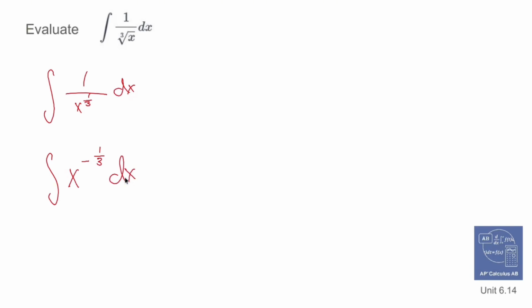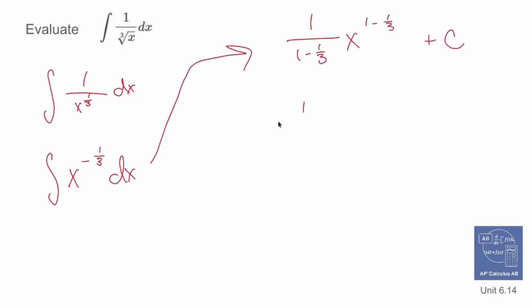Still no big deal. Okay, taking the integral of that is going to have me saying 1 over 1 minus 1/3, x to the 1 minus 1/3. This is indefinite, so don't forget that plus c. 1 over 2/3, x to the 2/3 plus c.